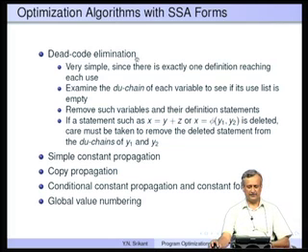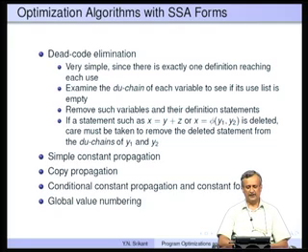So what are the various optimizations which are possible with SSA forms? Let us look at some of them. The first one is dead code elimination. Dead code elimination is extremely simple. Why? Well, you have exactly one definition reaching each use, right.